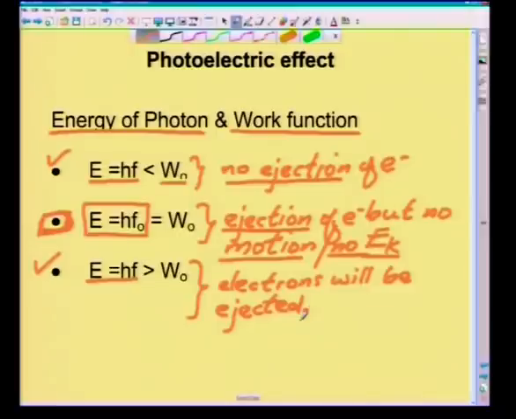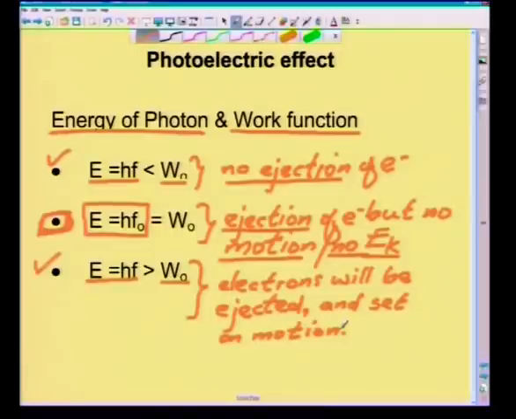But what is different now is that when these electrons are ejected, when you are bringing energy greater than the work function, part of the remaining energy is used to set the electron in motion. So electrons will be ejected and set in motion, or made to move.